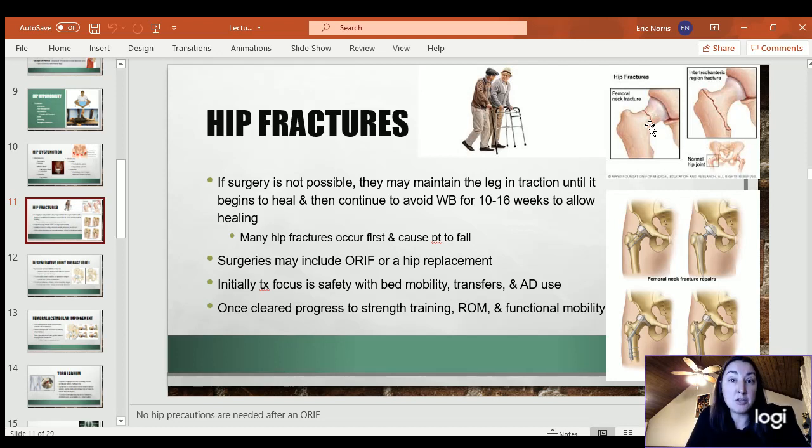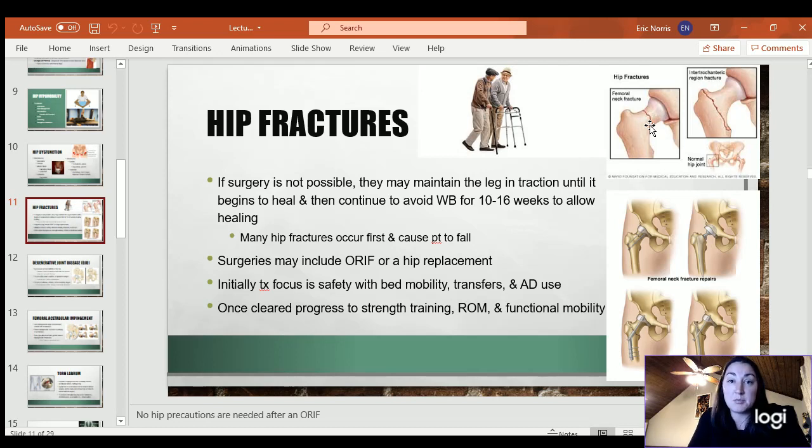But either way, whether it broke because of the fall or it caused the fall, typically some type of surgical fixation is going to be done in order to repair the fracture.